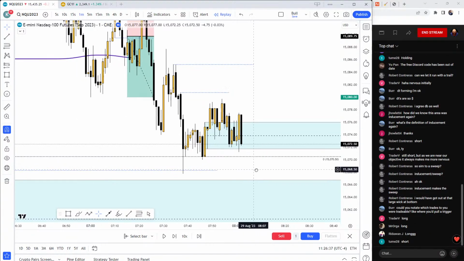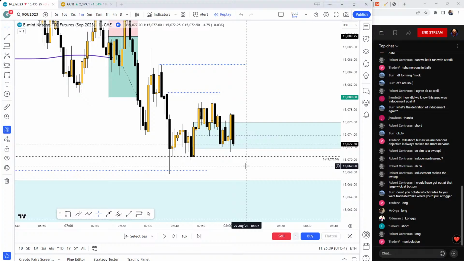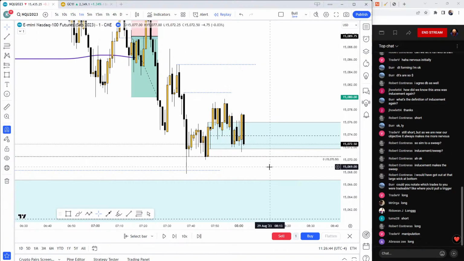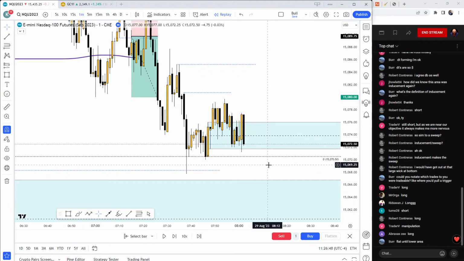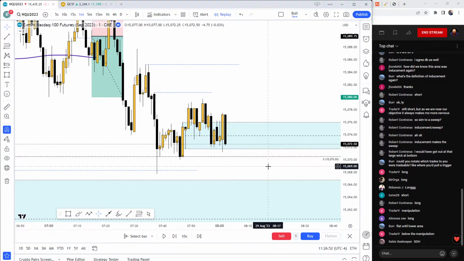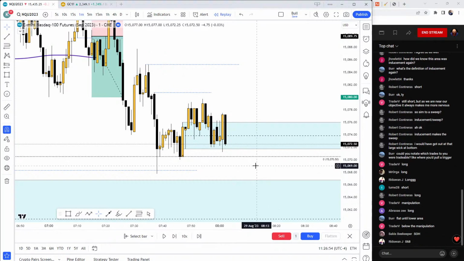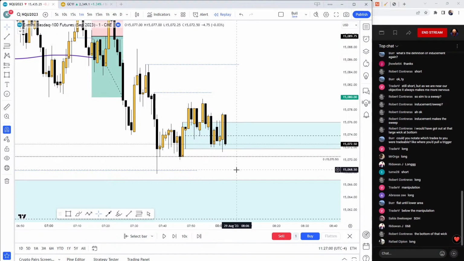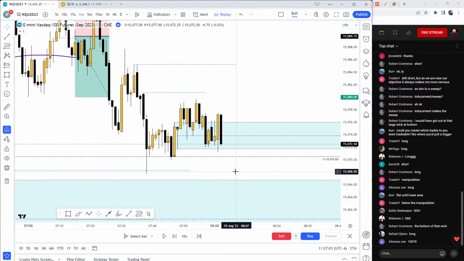Where's your stop? Below the manipulation. Cool. Nice round number, 1570.